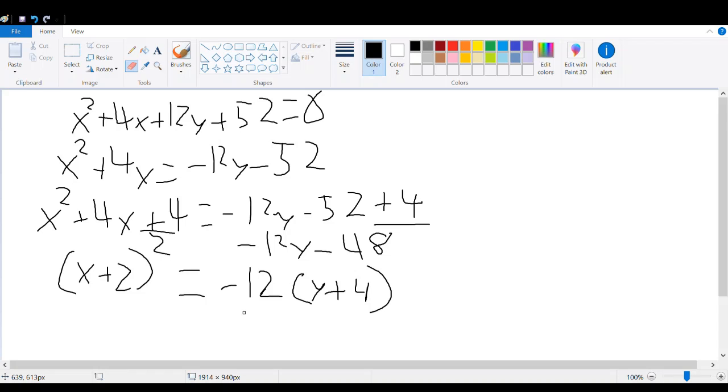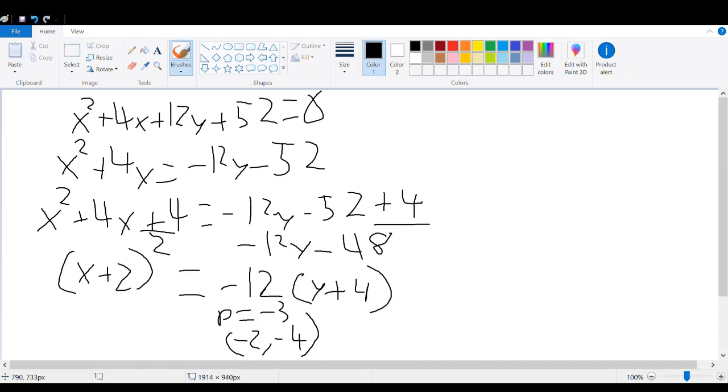So if I ask you to find p, negative 12 equals 4p, divide the whole thing by 4, p equals negative 3. So p equals negative 3, and the center is negative 2, negative 4.